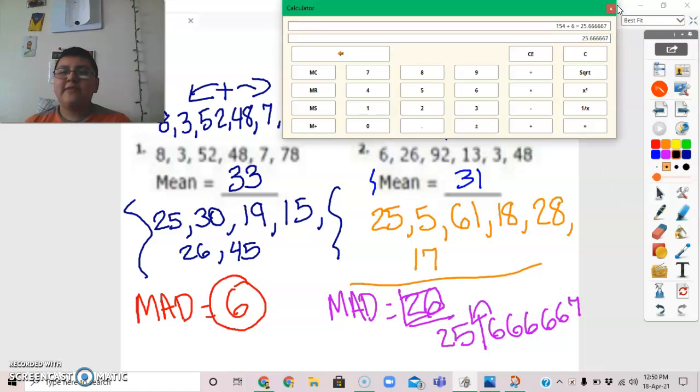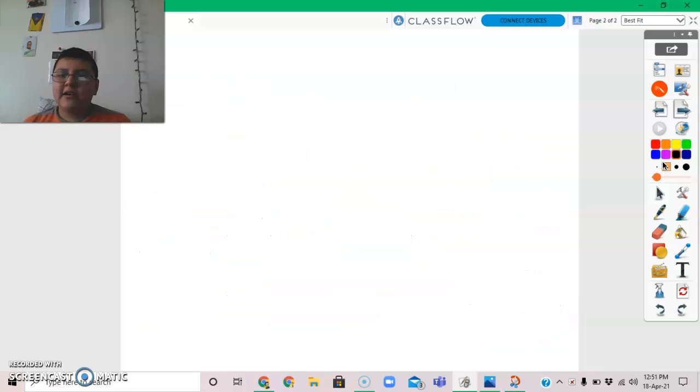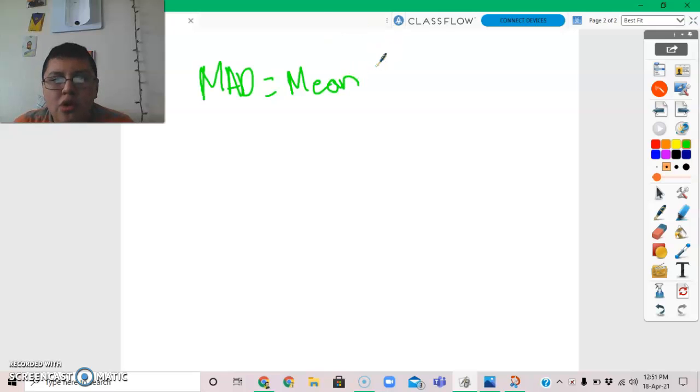Now, let's review some rules that we needed to understand. MAD is equal to mean absolute deviation.